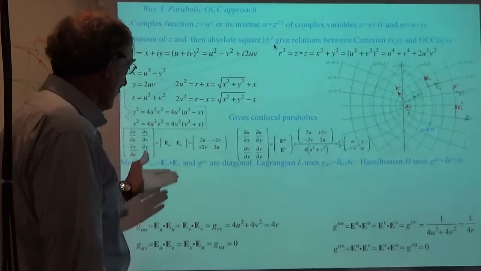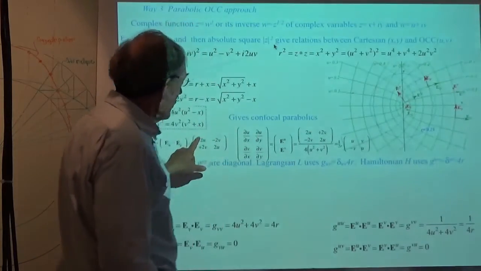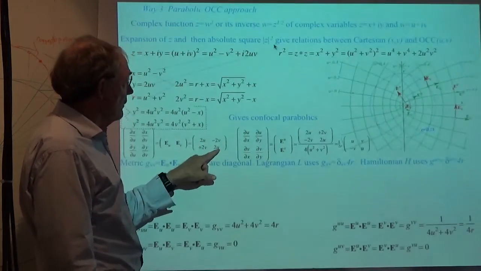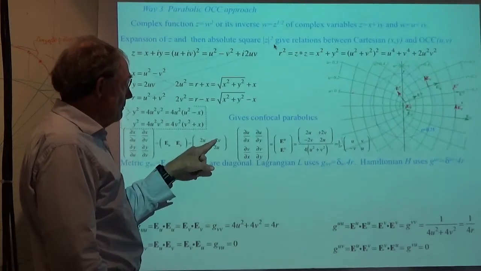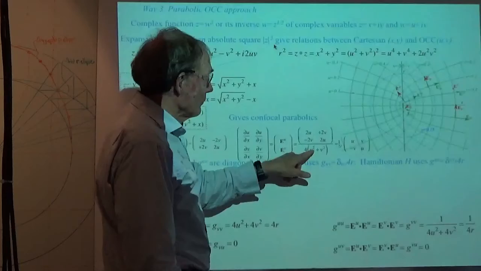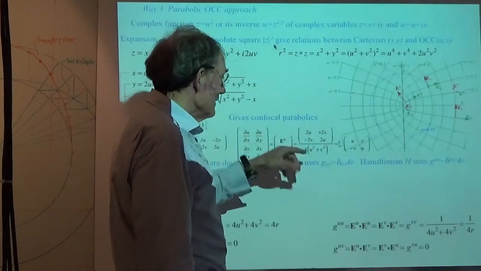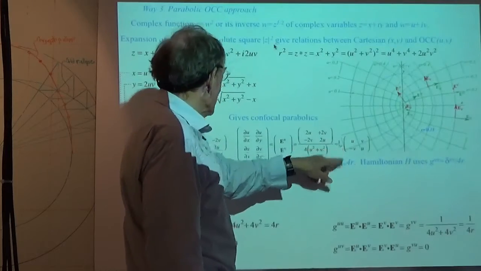And then the inverse of this matrix is just this thing divided by the determinant, which is 4u squared plus 4v squared, which is 4(u squared plus v squared). Okay? Well, you just get 1 over 4r for this one.